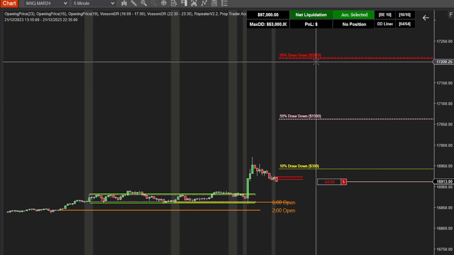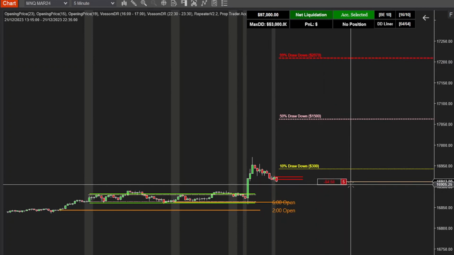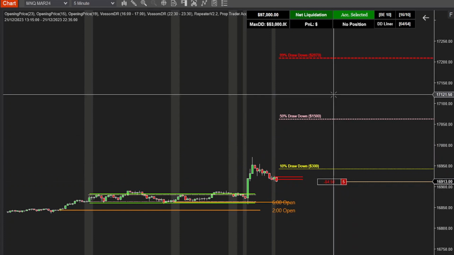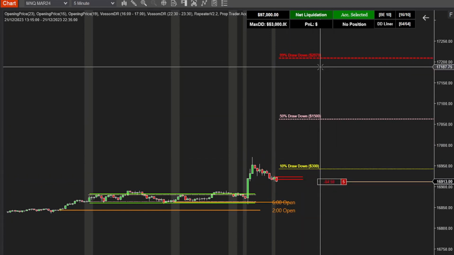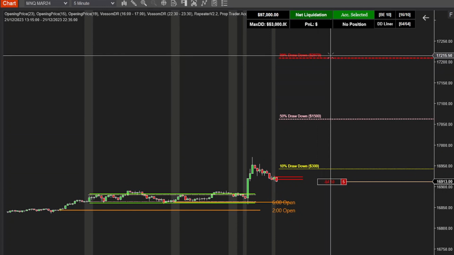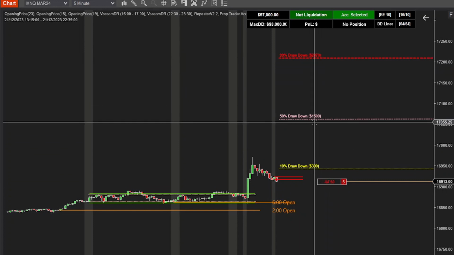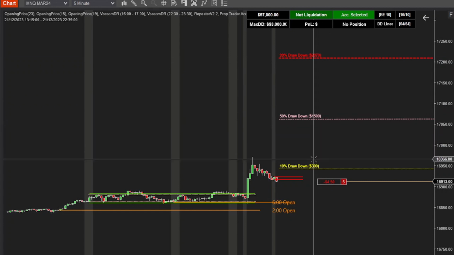So right now it's listing for me where my stop loss will be based on 5 MNQ contracts, where I will blow my account if the price reaches the $3,000 drawdown line. This is a 50% drawdown, and this is a 10% drawdown.